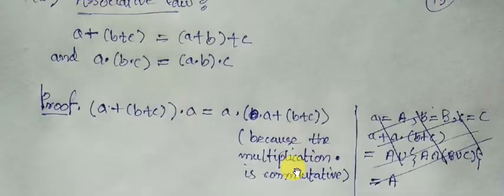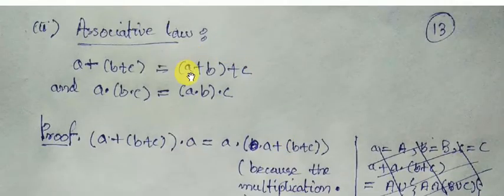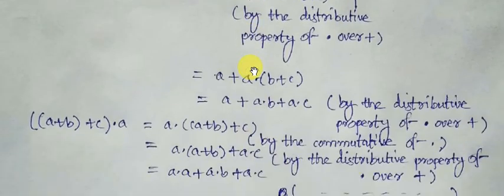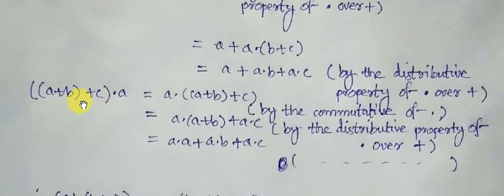Now we are taking the element (a plus b) plus c, and similarly we are multiplying it by a. Also from the commutativity property we can write this is equal to a into ((a plus b) plus c). Here also we are using the distributive property of multiplication over addition.